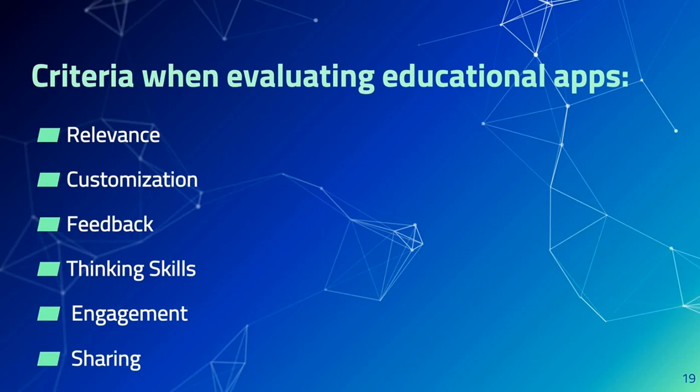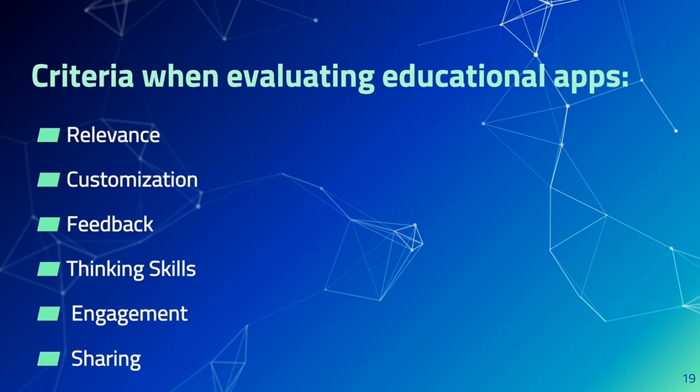Engagement. Will your students be happy or interested or eager to use this app, or would it be boring for them? So the level of engagement, for example, that I saw with you in the Google Docs when you were doing the Bloom's taxonomy activity was amazing. So it's important to know what interests your students so you would be able to select the right app.